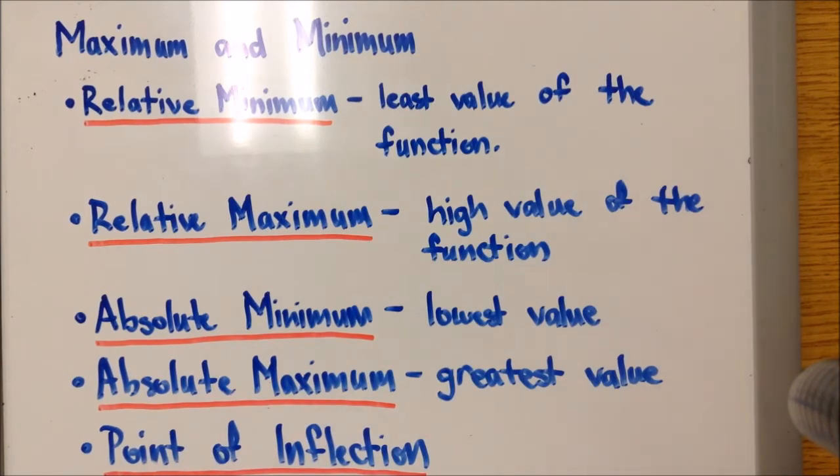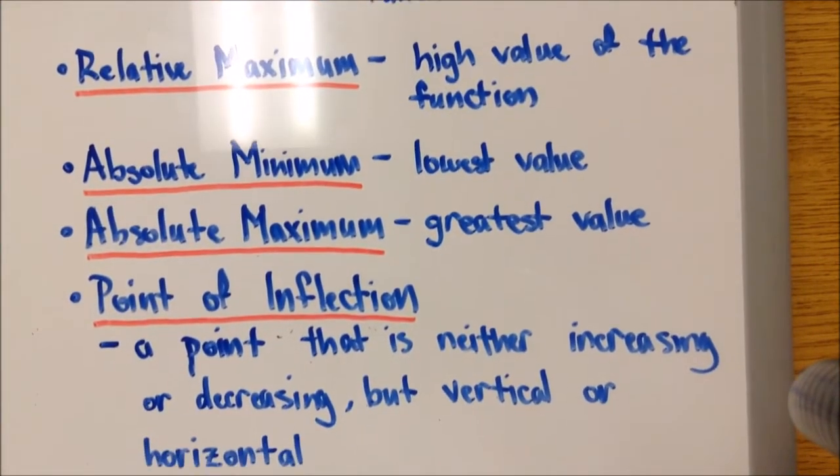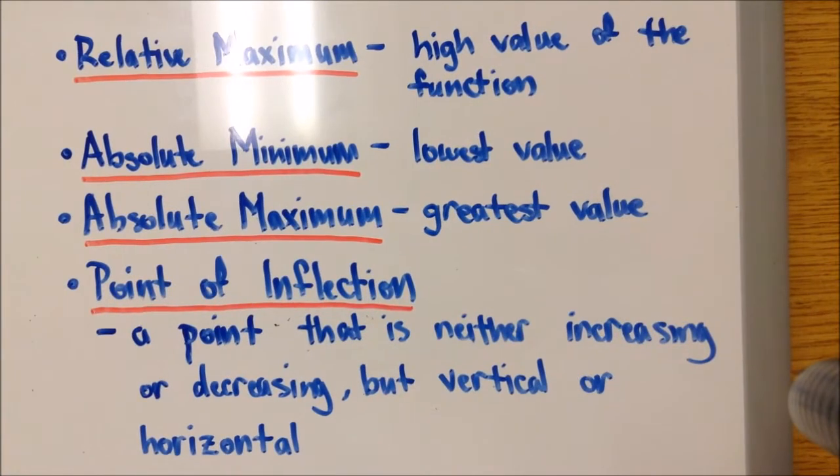Now the last part is called point of inflection. A point of inflection is a point that is neither increasing nor decreasing, but it is vertical or horizontal. So there are 5 components you would have to identify.